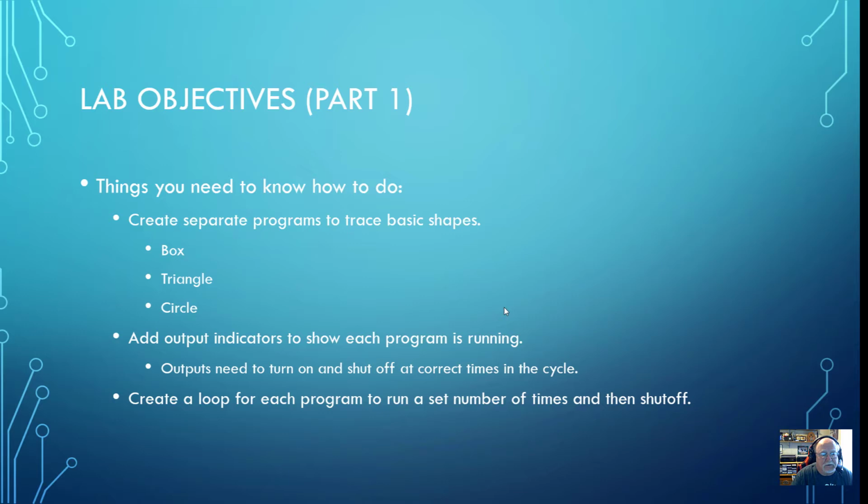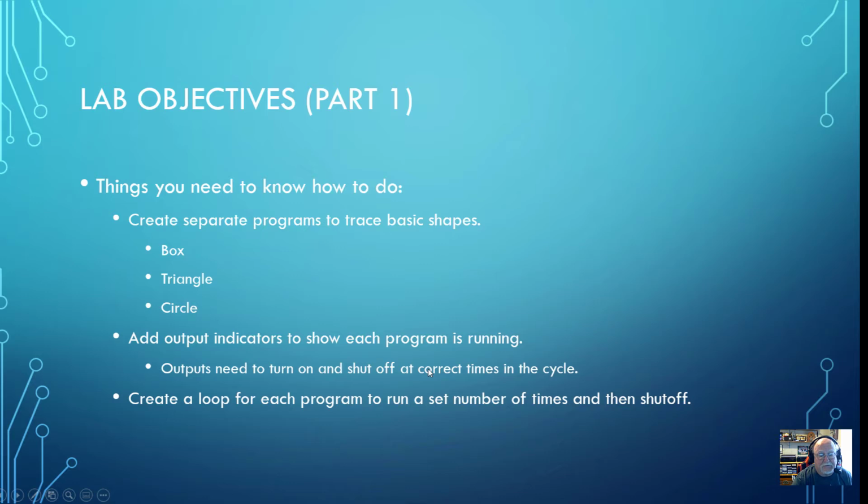So you need to create 3 separate programs to trace basic shapes: a box, a triangle, and a circle. And then you need to add the output indicators to show each program is running. So you can turn on the output lights, and they need to turn on and off at the correct time.